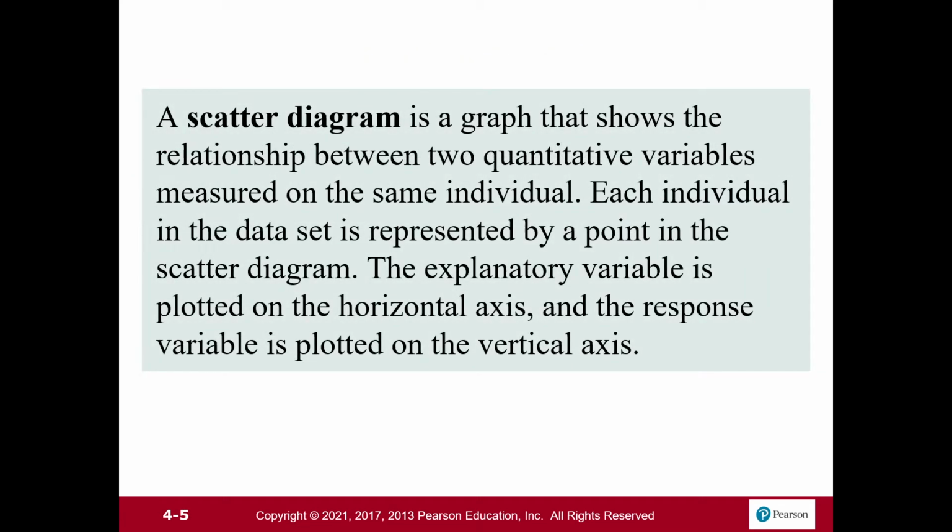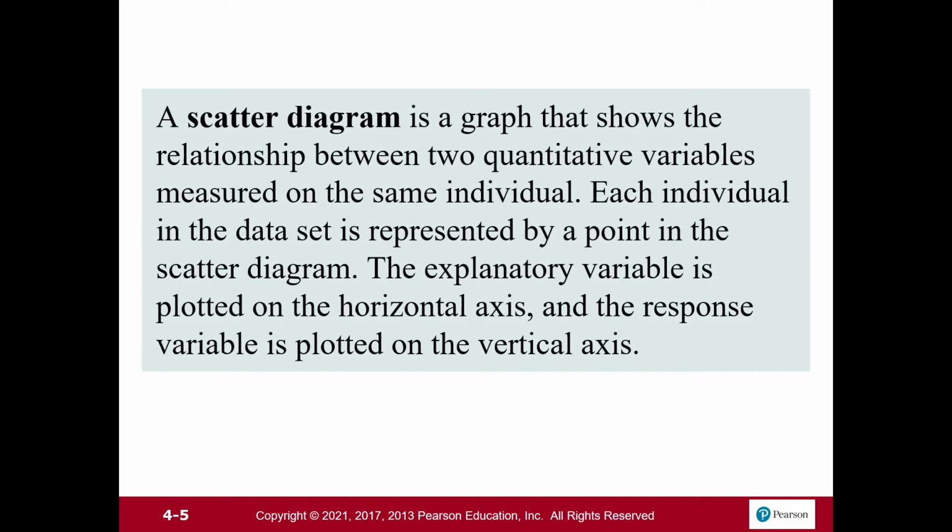So a scatter diagram, also known as a scatter plot, that's the other name that you may hear, is a graph that shows the relationship between two quantitative variables measured on the same individual. Now sometimes the two quantities can be night and day, very vastly different.